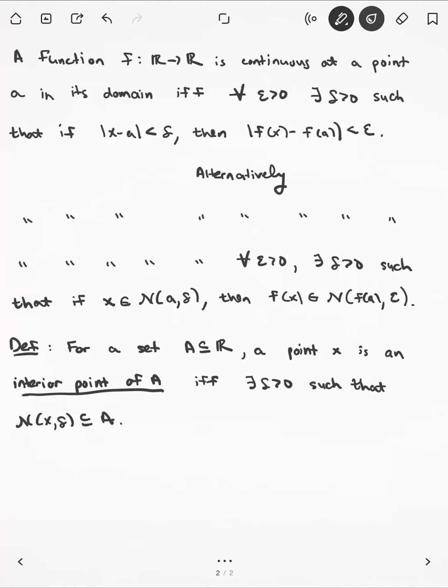In particular, when you construct that neighborhood with whatever delta you can, all the points in that delta neighborhood are going to be inside of A. So you can construct a delta neighborhood of an interior point such that all the points in that neighborhood are also inside the broader set. Okay.